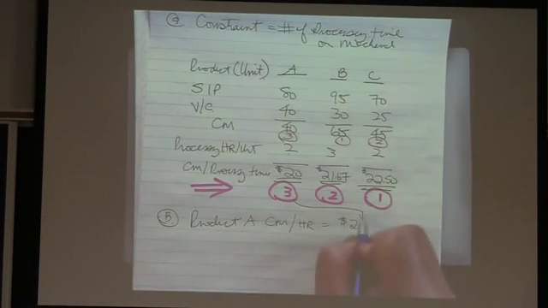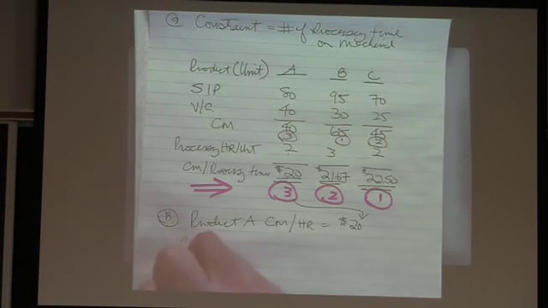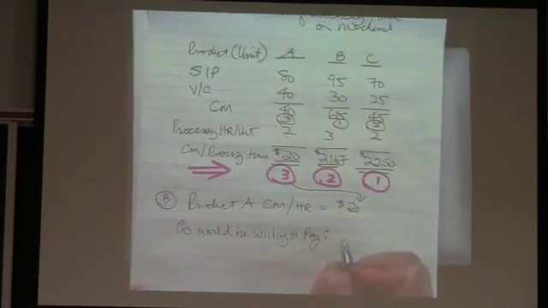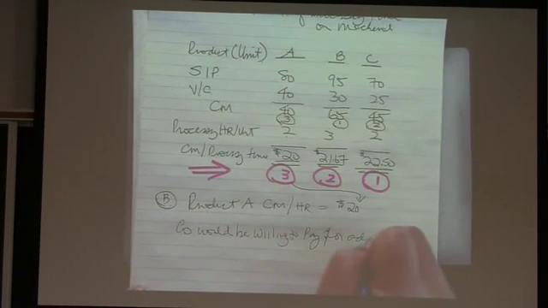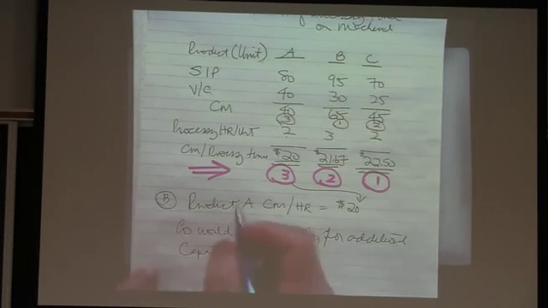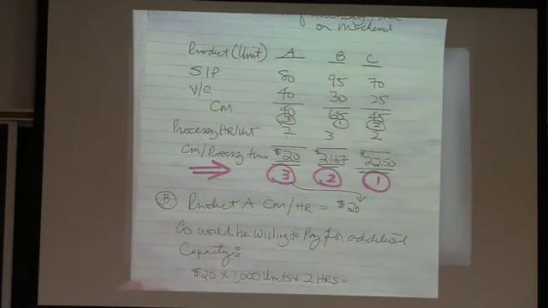That's what we calculated in part A. Assuming that variable costs will remain unchanged, the company would be willing to pay for additional capacity $20 times 1,000 units times 2 hours, because it takes us 2 hours to do one, which is $40,000.